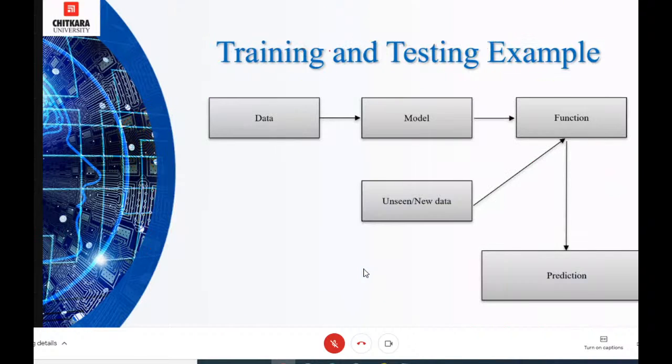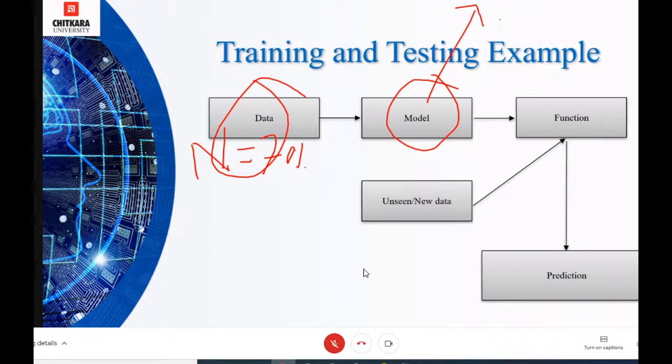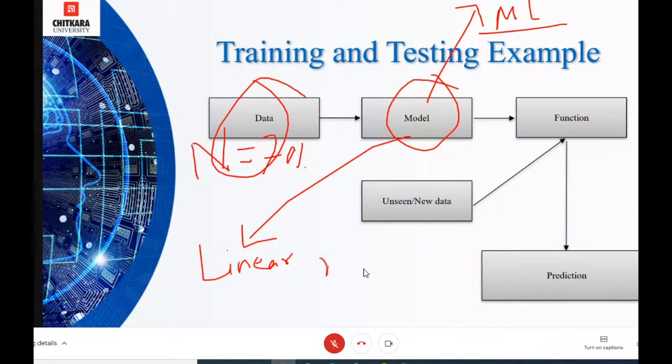Now, the complete concept is that you have sample data. Suppose that n equals 70% of the complete data. Your model means an ML algorithm or any classification algorithm. Suppose that you are using linear regression.